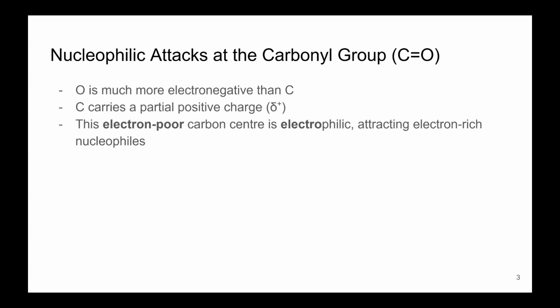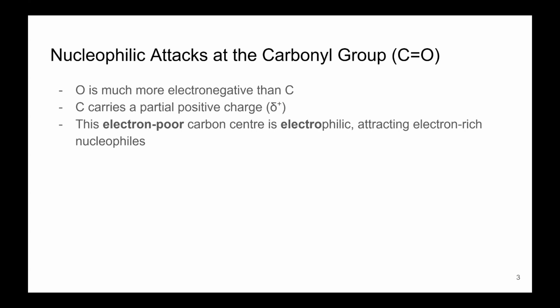Nucleophiles are basically electron-rich species, and because negative attracts positive, they attract electrophiles. So in a lot of organic reactions, you will see nucleophilic and electrophilic reactions, where the nucleophile and electrophile attract each other.